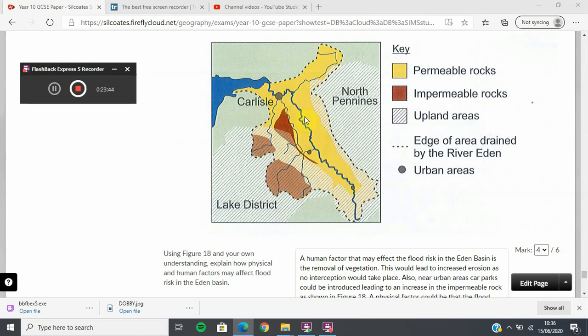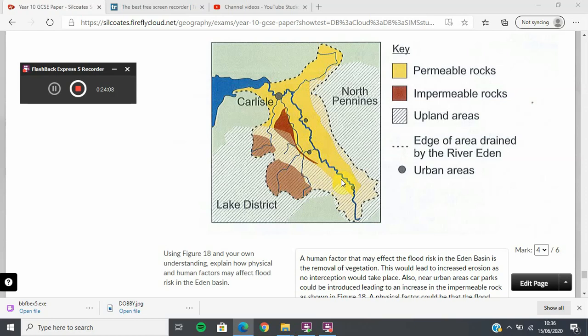Therefore, they are in the area of floodplain, which is likely to flood regularly. Okay, so the urban areas are all built by the river. They're all in the area that's most likely to flood, aren't they? Okay, so we can comment on that. So we've started then talking about human factors, and we're talking about the figure 18, aren't we?